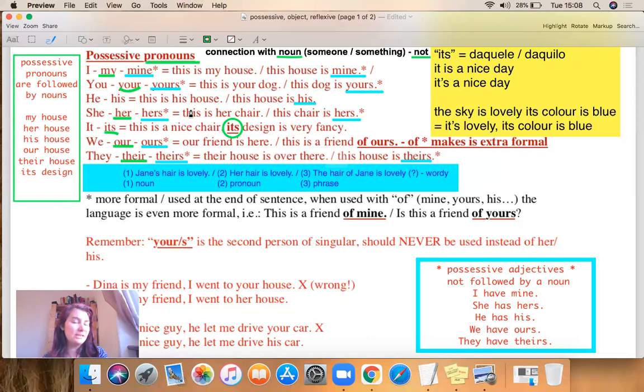When I talk about it as well, we might think, oh my goodness, how am I going to recognize that? Remember that we're not going to start a sentence with its color is blue. We will start with verb to be, yes. But we're not going to start with a possessive. We're not going to start a sentence. Her chair is lovely.